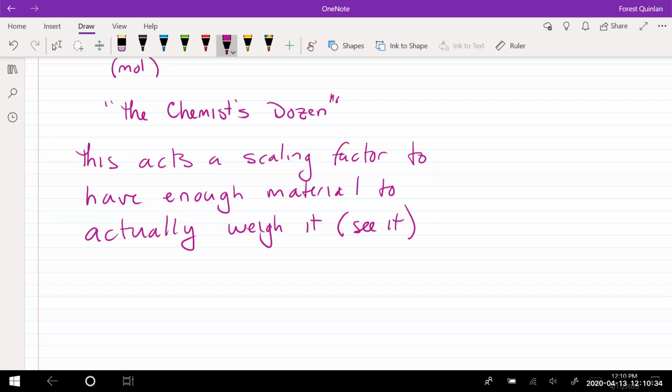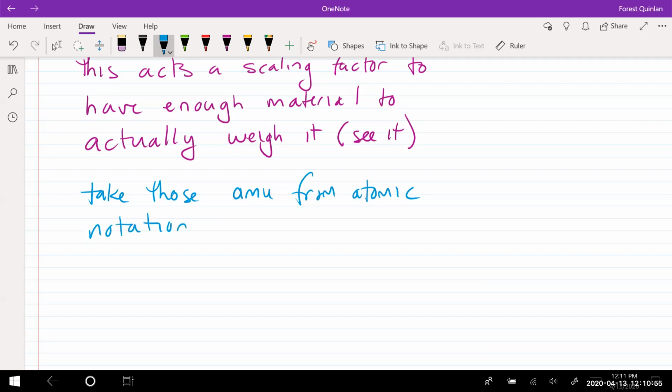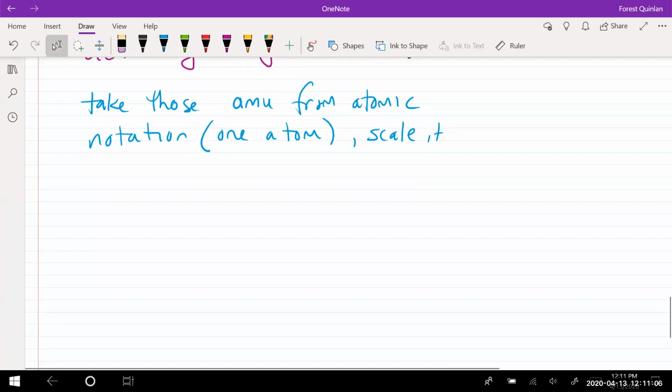So what this will do is it's going to take those mystical, magical AMUs, take those AMUs from atomic notation, meaning one atom, and scale it so that we can see it. So that we can measure it.